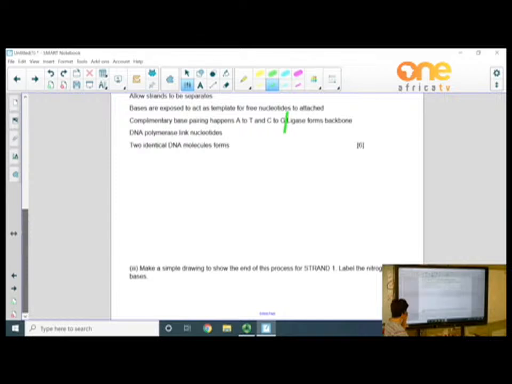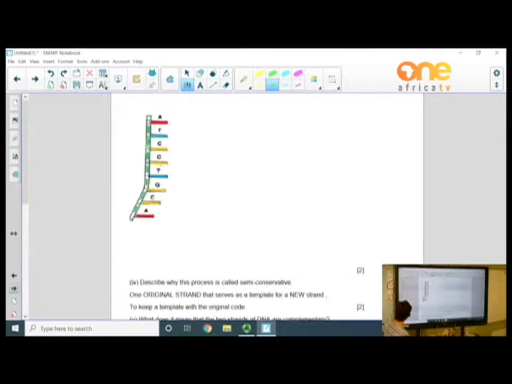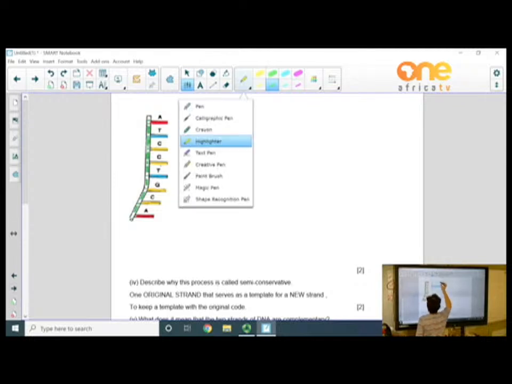So make a simple drawing. What I think was important for that drawing is that you have strand 1. So here we have strand 1.